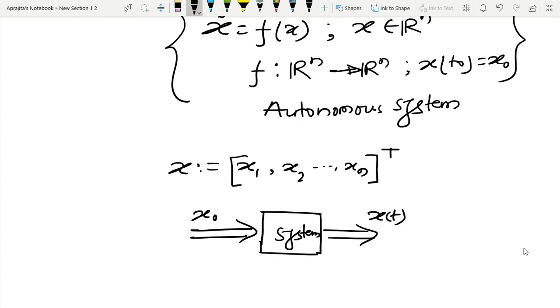Since input data and output data are always real numbers, I have denoted x belongs to Rn.